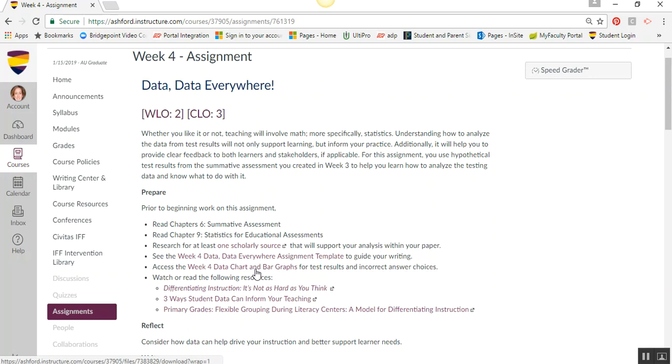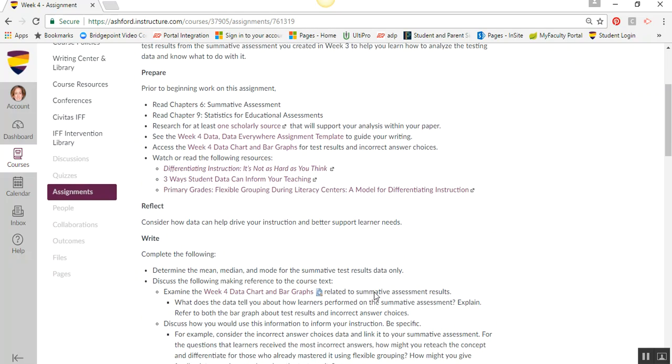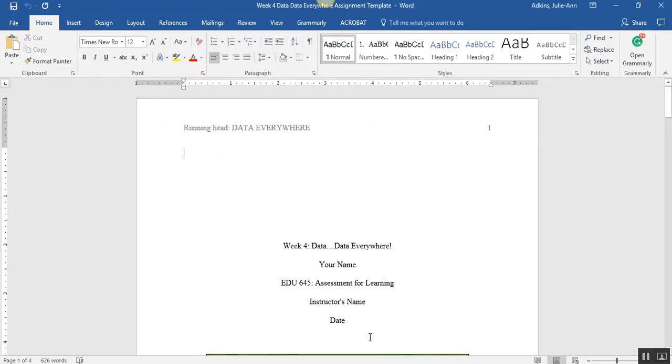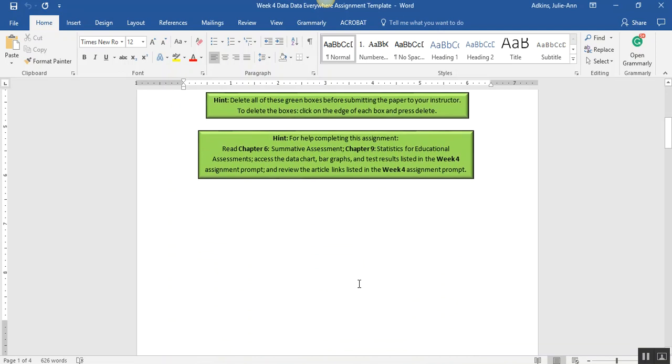And then you also need to access the week 4 data chart and bar graphs, because you're going to use that to write your paper. And then here are 3 different additional resources that will support you as you think about how you might differentiate your instruction.